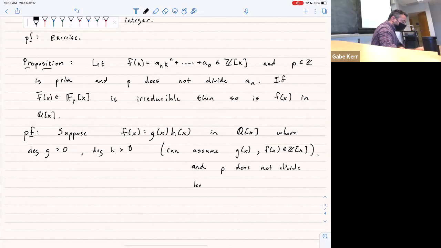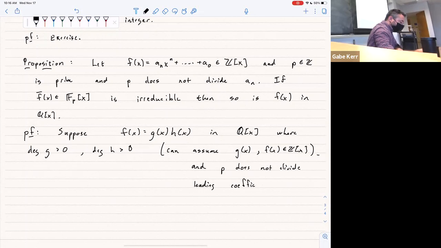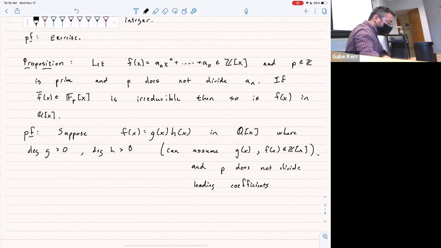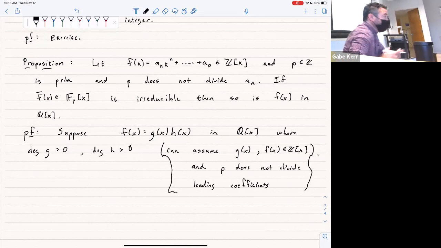Why can I assume that? Don't tell me. I'm assuming f is reducible, and I'm going to do the contrapositive.